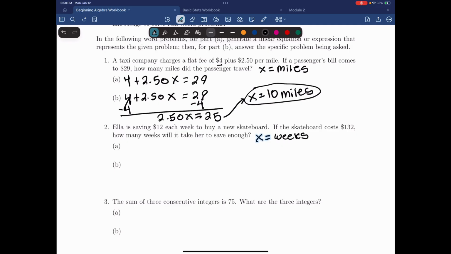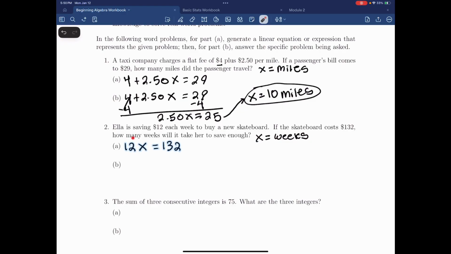We know that Ella is saving $12 per week. So we're going to have 12 times x. But we want to know specifically how long it's going to take if the skateboard costs $132. So we have to set this expression 12x equal to 132. Because we want to know specifically when 12x equals 132.